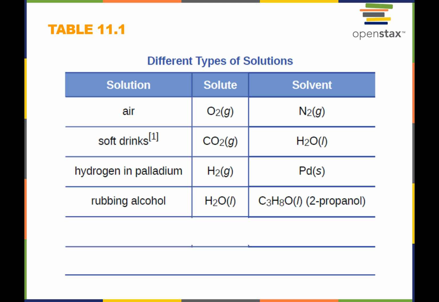When we buy rubbing alcohol, it's an impure amount of isopropyl alcohol. So in that case, most of it is this isopropyl alcohol, but it's not entirely pure.